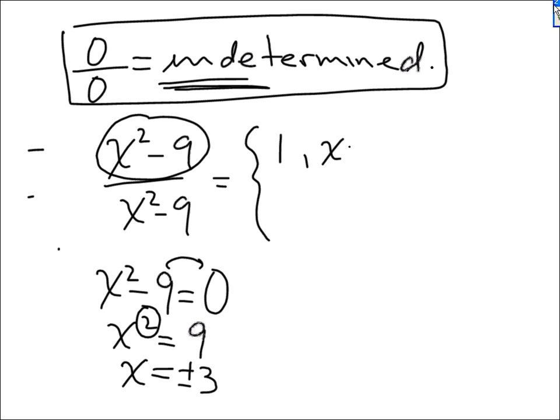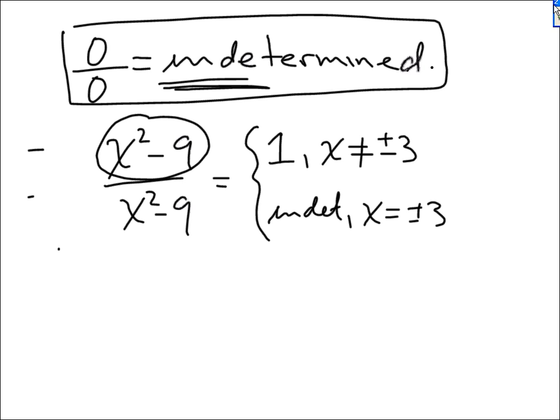So as long as x is not plus or minus 3, you get 1. It's indeterminate when x is plus 3 or negative 3. And here's a case where it's indeterminate for 2 values. And I can make it indeterminate for as many values as you want.